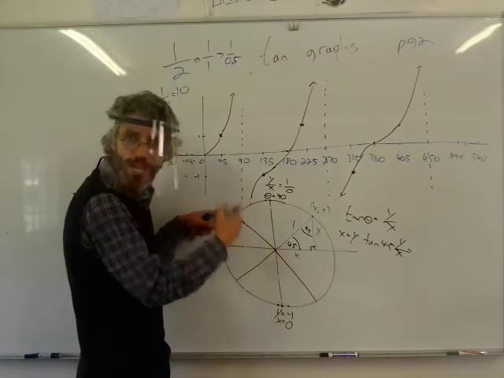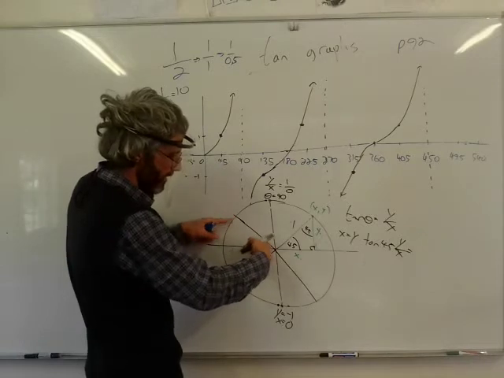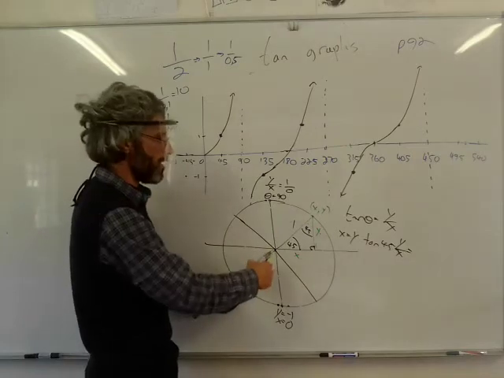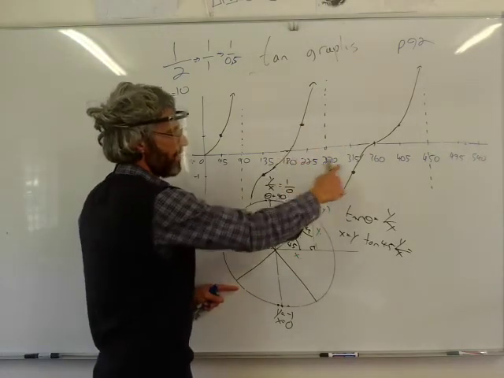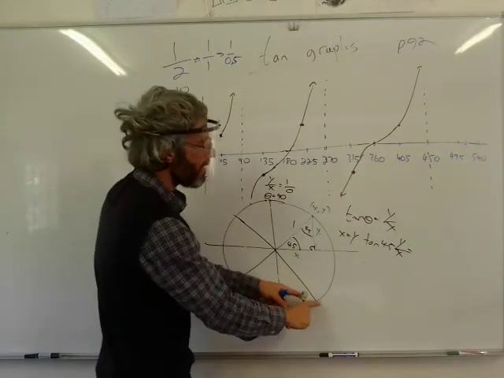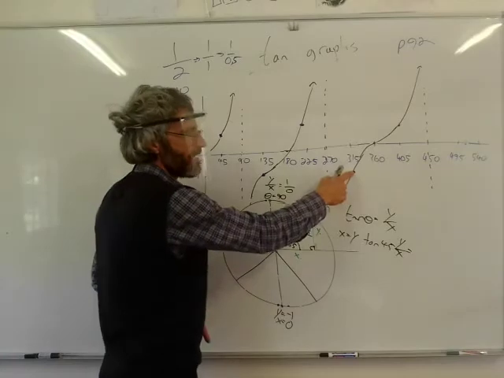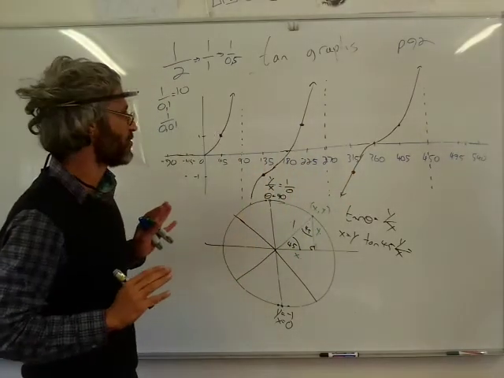So it's minus 1. They're equal to each other, but one is positive, the other is negative. Here, both of them are negative, so negative divided by negative is positive. That happened at 225. 315 is going to be y negative, x positive, so it will be negative 1.